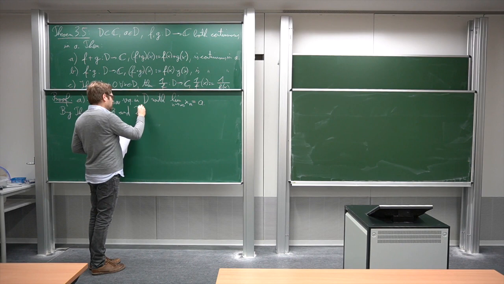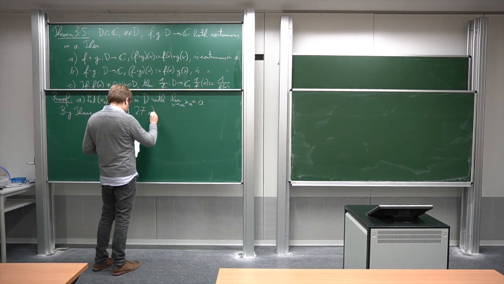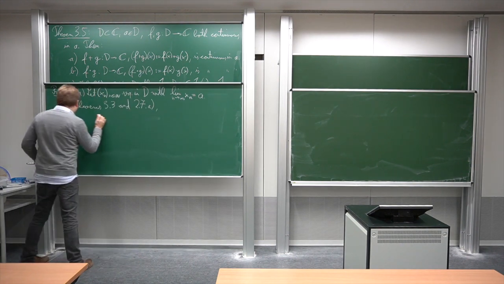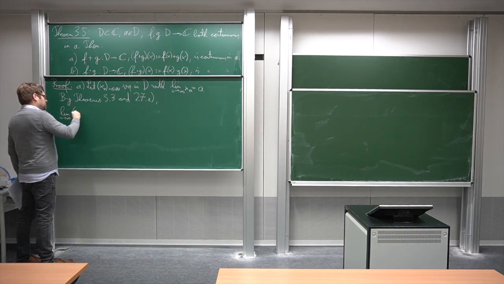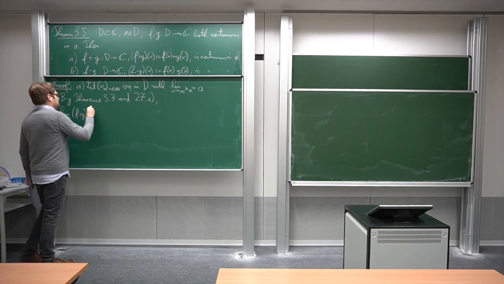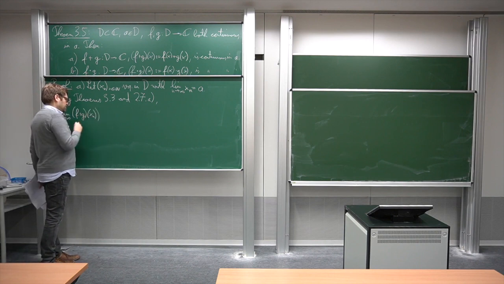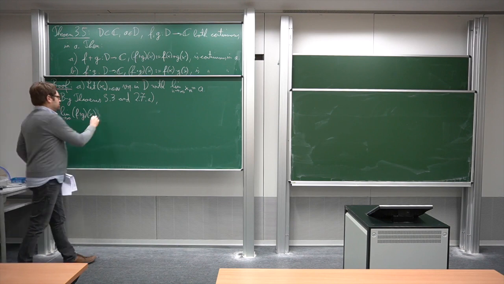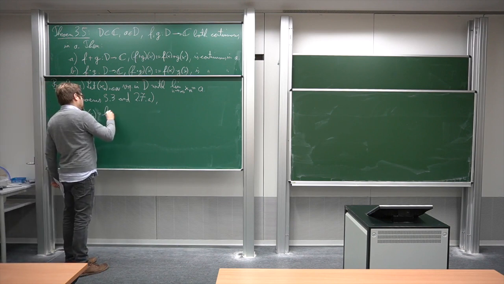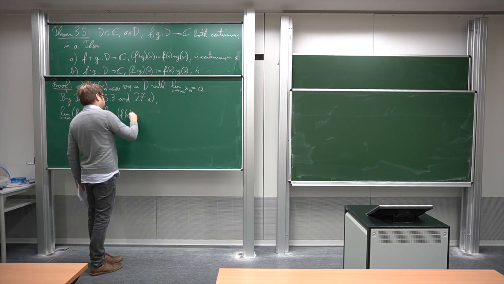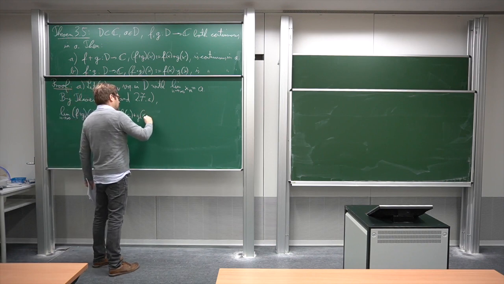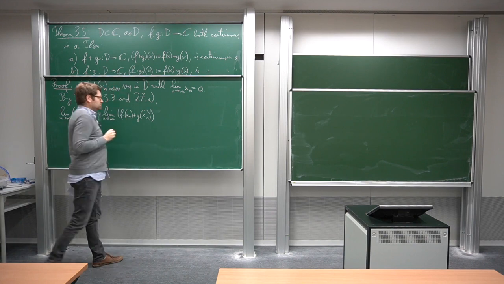That was theorem 2.7 part A. Namely, then we get the limit n to infinity of f plus g at xn. By definition, this is just the same as the limit n to infinity of f of xn plus g of xn. And now this is where theorem 2.7 kicks in.